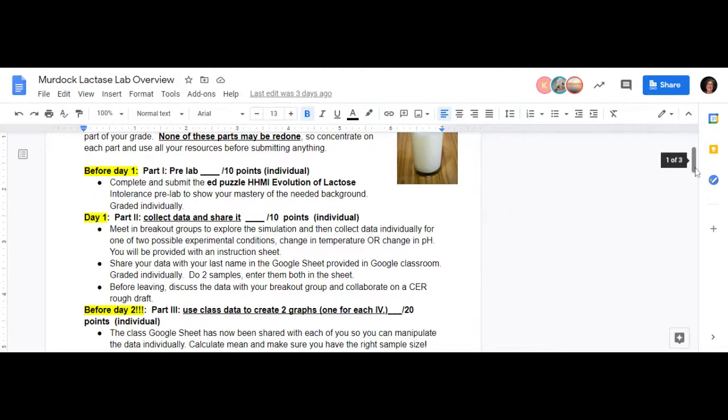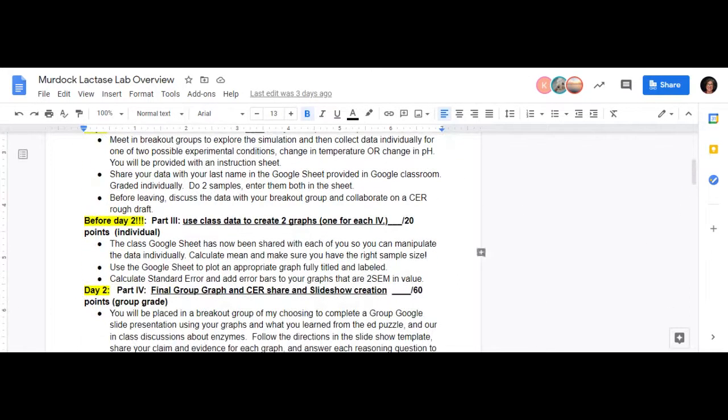Today is about helping you with those graphs, right? It's the 2 graphs that you're going to create before you come, and I'm actually going to check those for a grade. I'm not going to be real detailed about my grading. I'm just going to check to see that certain things are there. I'm not going to tell you whether they're right or not. If it has a title, you get 2 points for that.